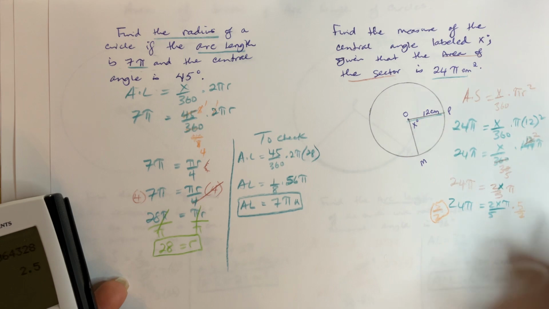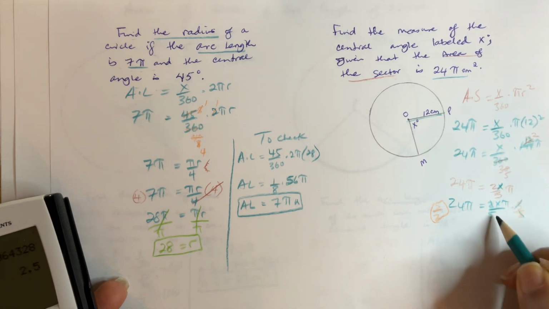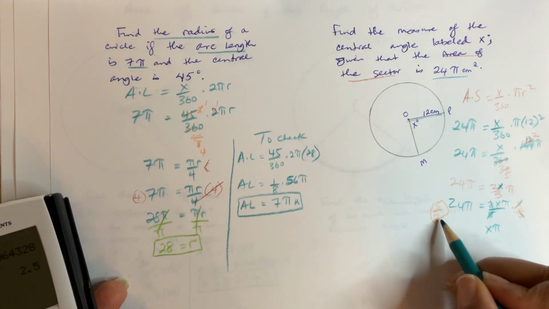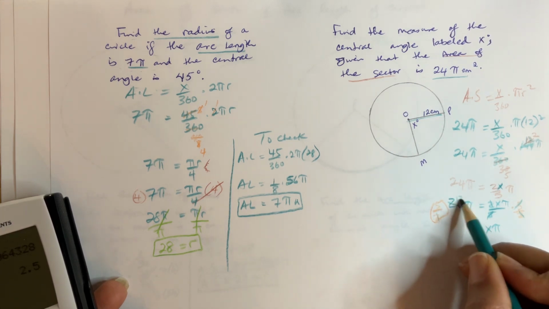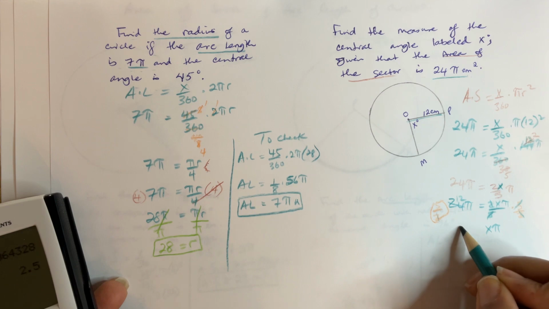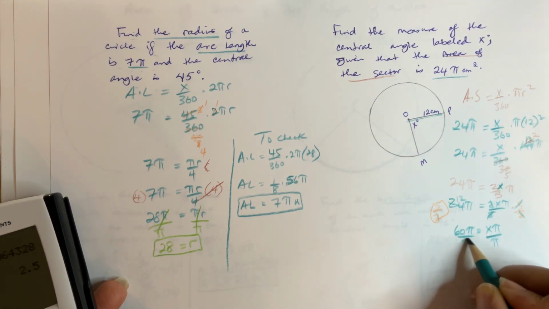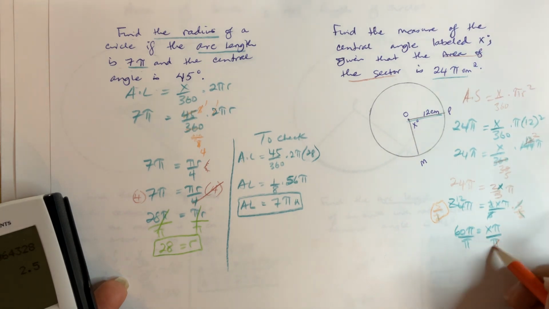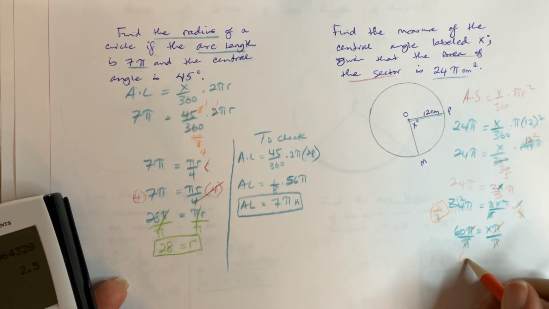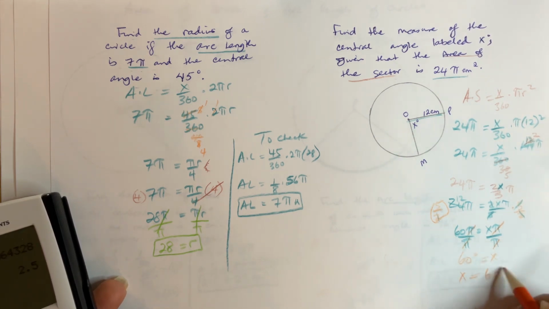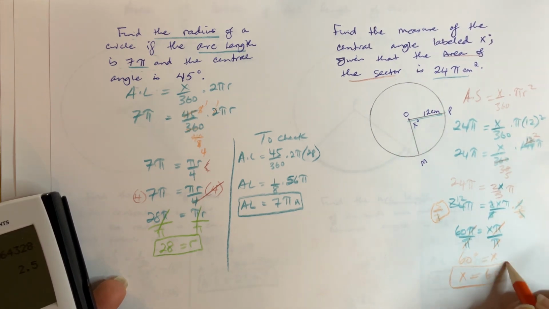So this 2 is going to cancel out, and I'm left with x pi. The 2 goes into the 24 twelve times, 5 twelves is 60. So I get 60 pi equals x pi. Divide by pi on both sides, cancel these out, and I get 60 equals x. So x equals 60 degrees, and that is the central angle.